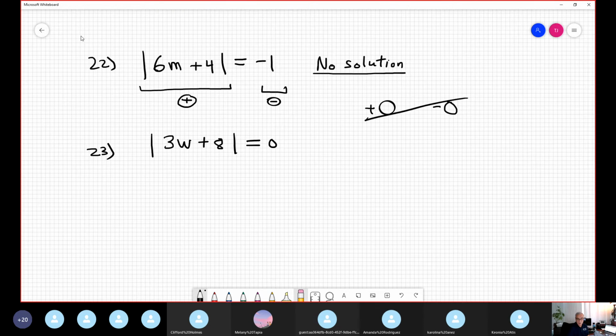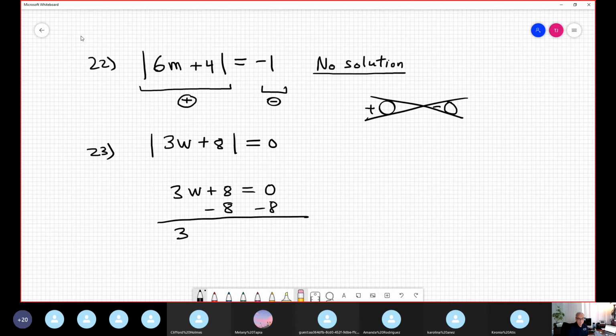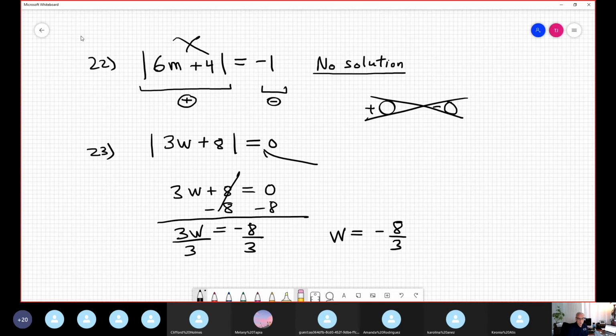So in this case, yes, you can remove the bars, only one equation, and end the story. Subtracting 8. Divided by 3. w alone is negative 8 over 3. And this is my solution set. No, this is not no solution. The solution set for this is negative 8 over 3. End the story. Any question?